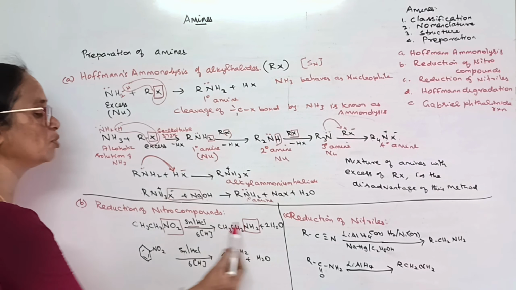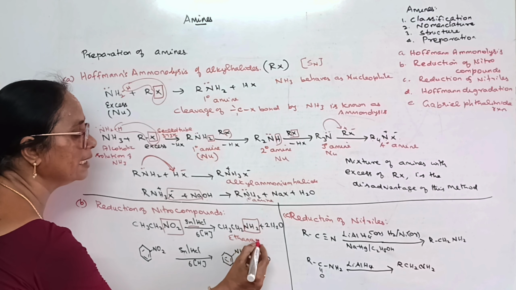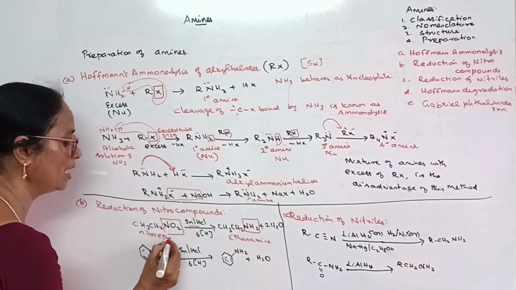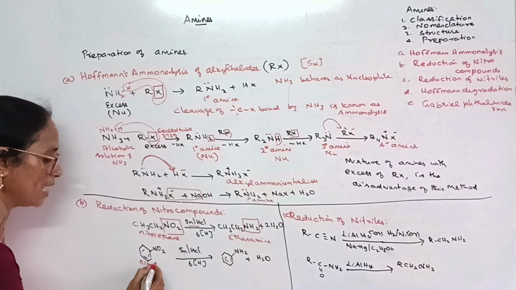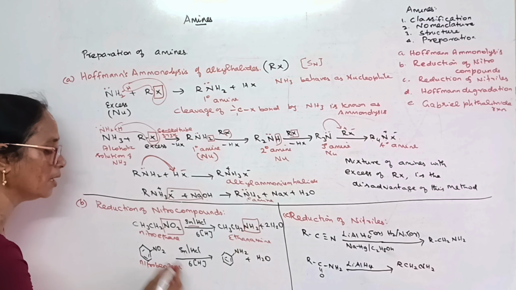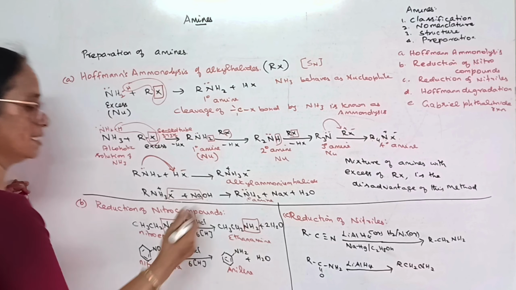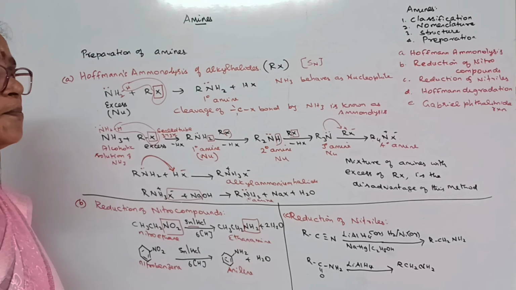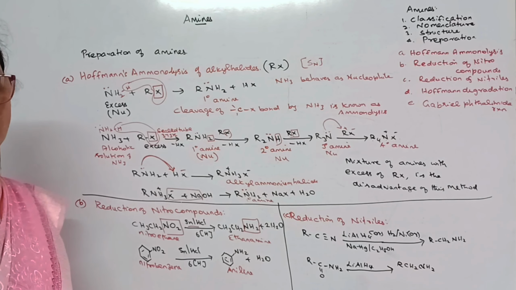So I get ethanamine from nitroethane. Similarly, when nitrobenzene is reduced by metal and acid, I get aniline. This is the most favorable method by which we can prepare amines from nitro derivatives.